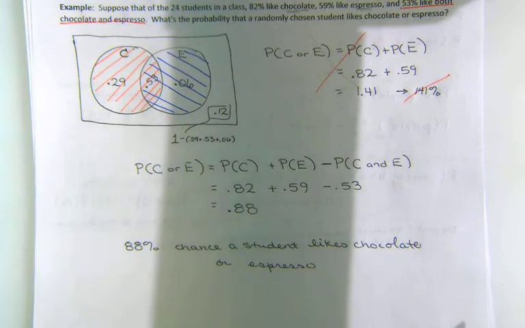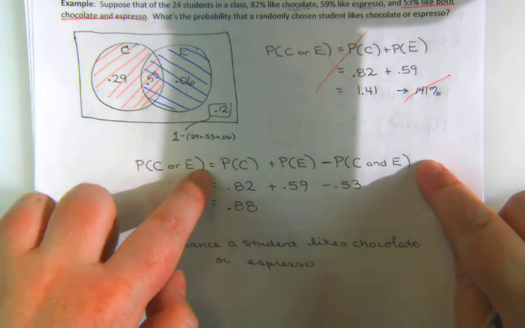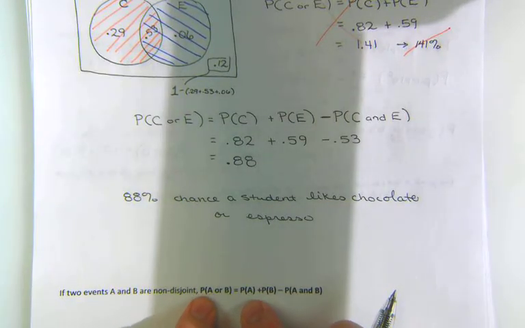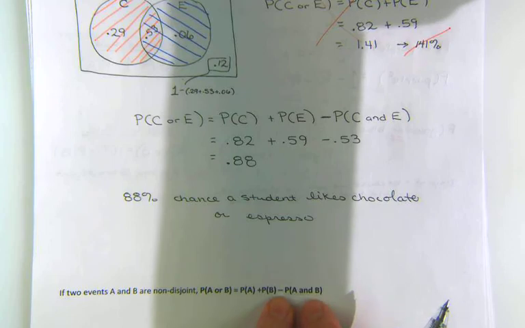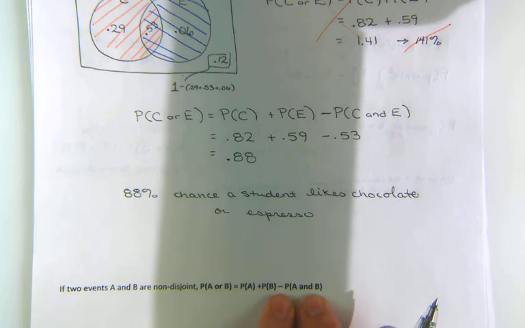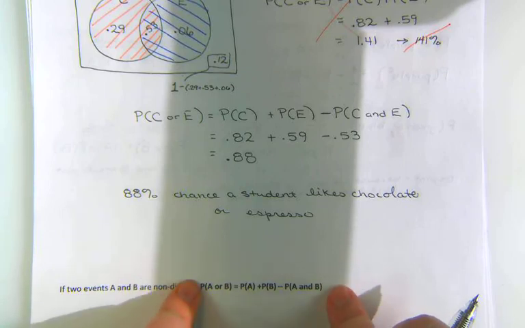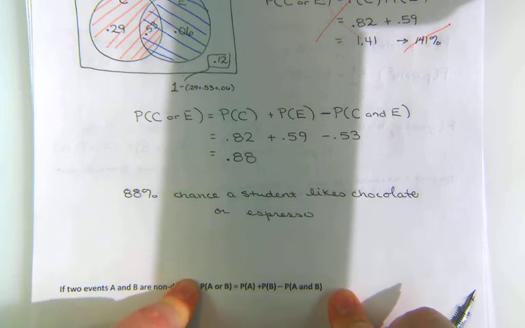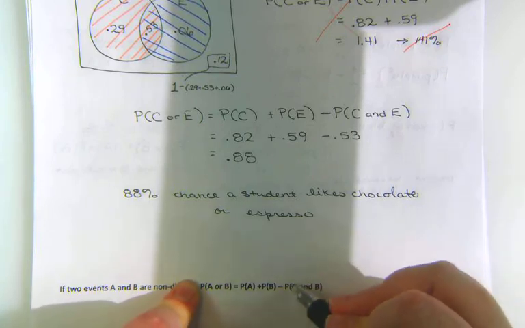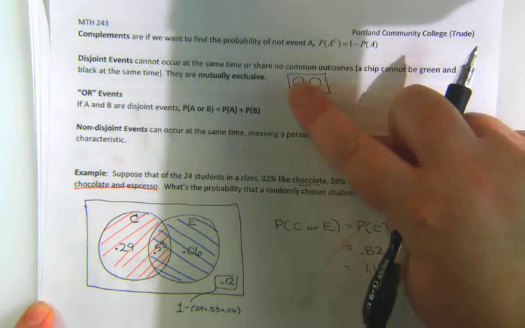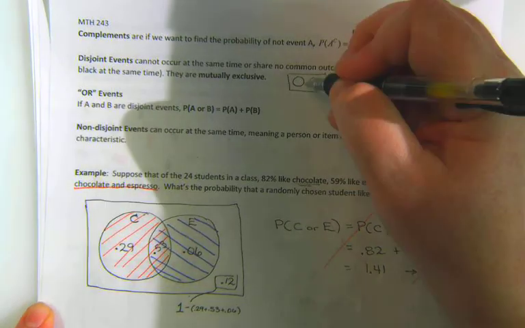And this, if we take that 1.41 that we had, and then take out that 0.53, we get out 0.88. And that's our correct value for this liking chocolate or espresso. So you could say 88% chance a student likes chocolate or espresso.